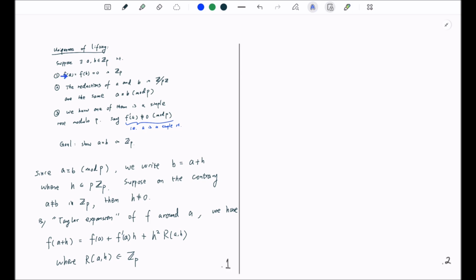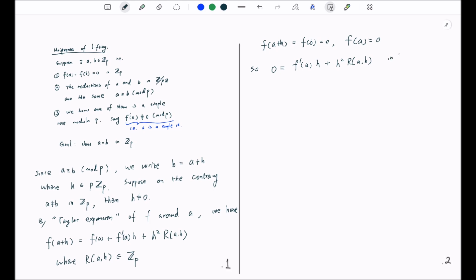Now, since f of a and f of b are both equal to 0 in Zp, f of a plus h, which is f of b, is equal to 0, and this is also equal to 0. So the equation reduces to 0 equal to f prime of a times h plus h squared times r of a comma h.